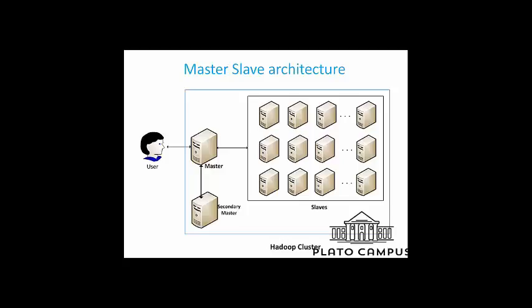It's the master machine's duty to distribute it among multiple machines, and accordingly it can process. So this is your master-slave architecture, and this group of machines, master, secondary master and all slaves, this complete group of systems is known as a Hadoop cluster. Moving to the next slide.